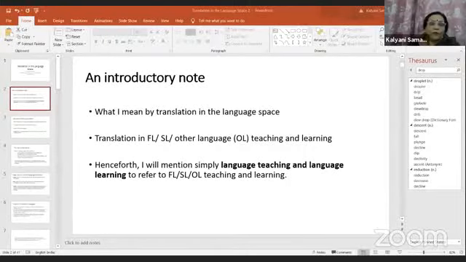The language in focus could be French, it could be Sanskrit, it could be English, it could be Oriya, Tamil, or Japanese. Any language that is taught and learned as a foreign language, as a second language, as an other language.